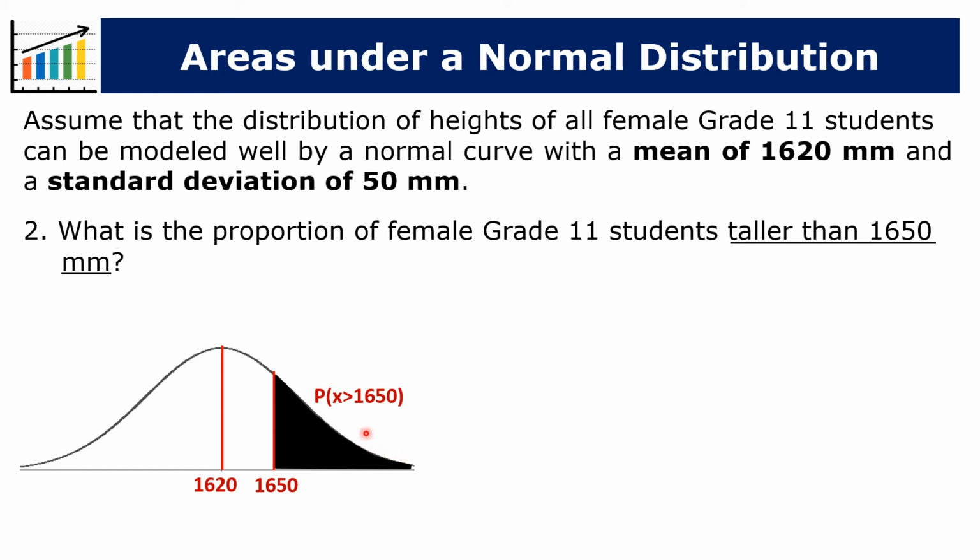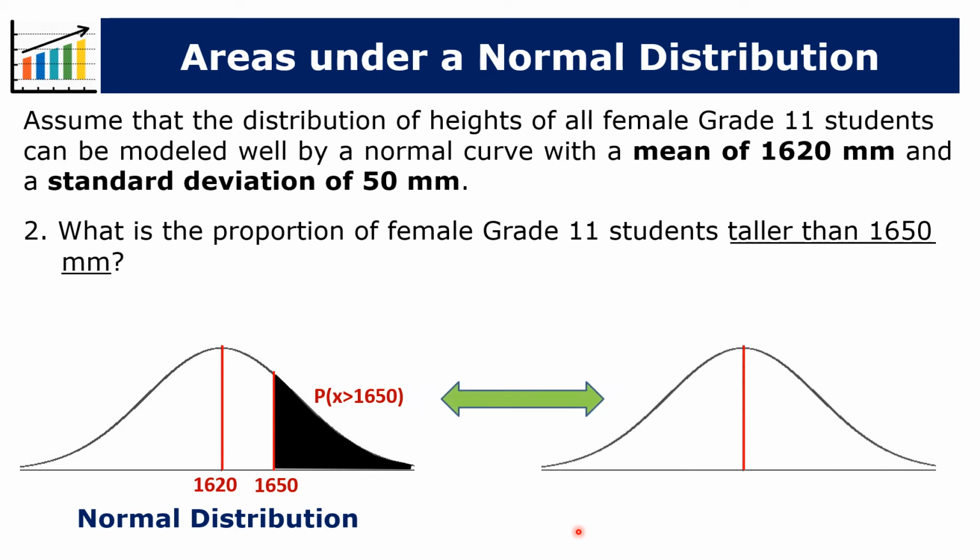So in symbol, we have P of X is greater than 1,650. This is the normal distribution for this problem. Now again, there's a need for us to convert this into a standard normal distribution.